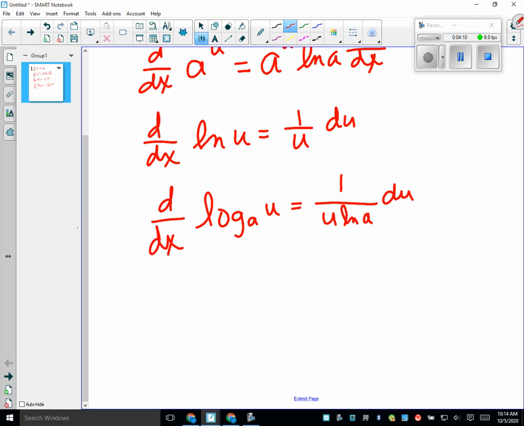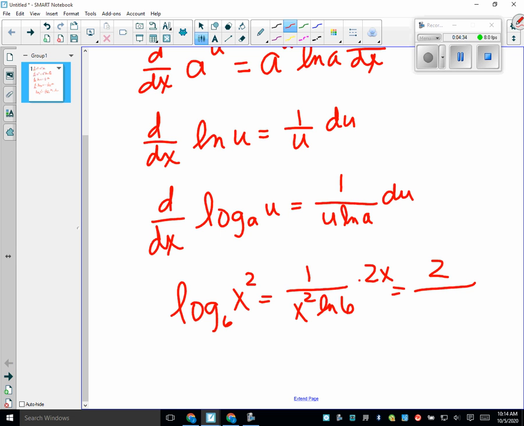So, what is the derivative of log base 6 of x squared? 1 over x squared ln 6, times 2x, which is equal to 2 over x ln 6. Interesting. Doesn't seem too hard. They're not.